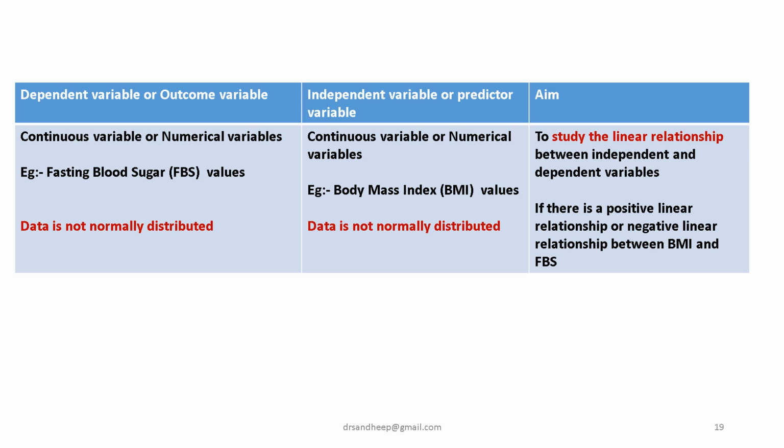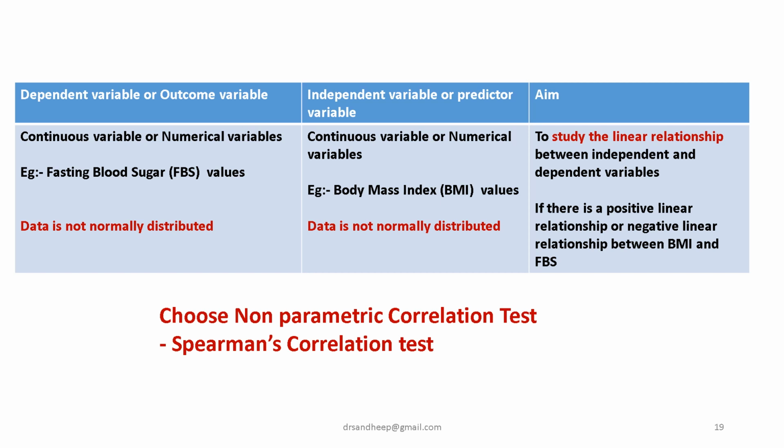So to study the linear relationship between the independent variable, that is body mass index, and the dependent variable, that is fasting blood sugar, if there is a positive linear relationship or negative linear relationship between body mass index and fasting blood sugar, we cannot apply the Pearson correlation test here because data is not normally distributed. So we have to look for the non-parametric alternative of the Pearson correlation test, that is the Spearman correlation test. Choose the non-parametric correlation test, that is the Spearman correlation test.